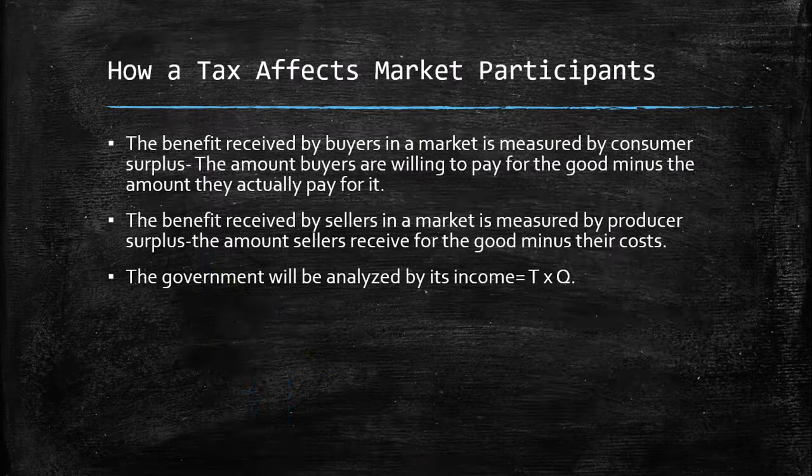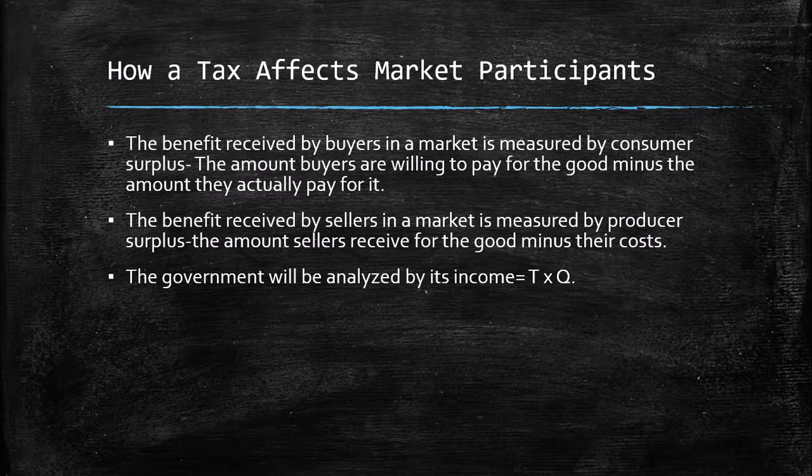Now, how does a tax affect market participants? First, we know that there is a benefit received by buyers in a market. How can we measure this benefit from the buyer side?